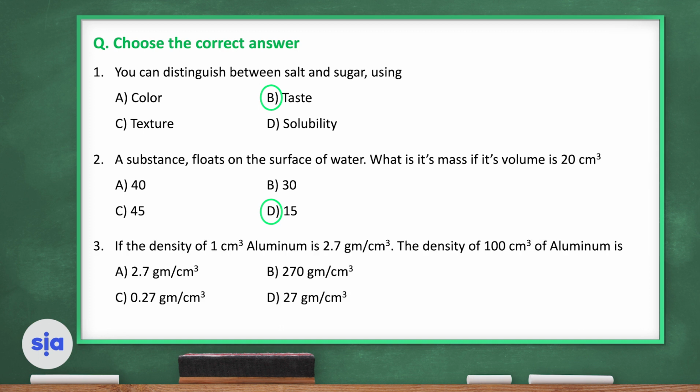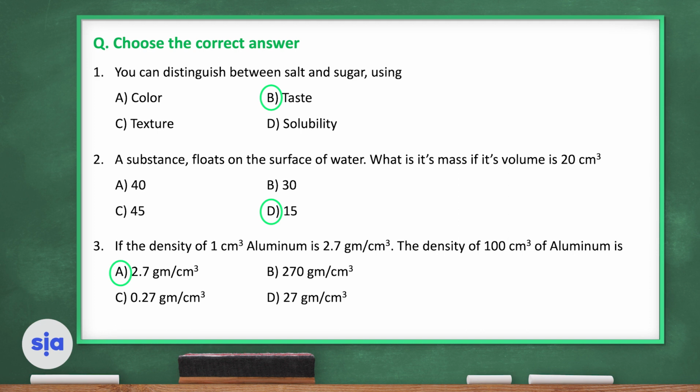If the density of 1 cubic centimeter aluminum is 2.7 gram per cubic centimeter, so the density of 100 cubic centimeter of aluminum is equal to the same, 2.7 gram per cubic centimeter, because we agreed that density will stay the same even if the mass or the volume changes.